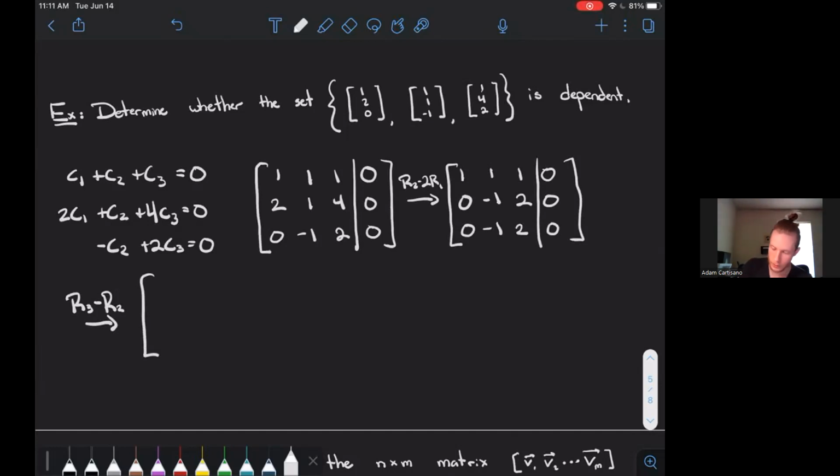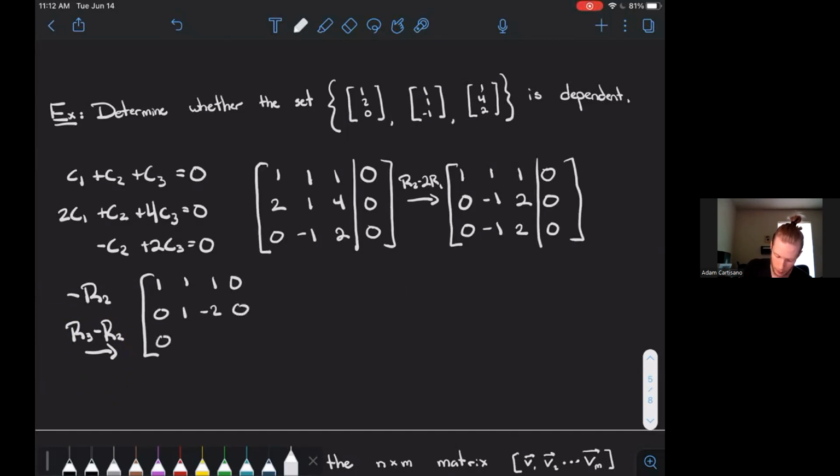While we're at it, I'm also going to negate row 2. That way, this minus 1 becomes a positive 1, which we're going to need in reduced row echelon form. So the top row will still be 1, 1, 1, 0. The second row will be 0, 1, minus 2, 0.